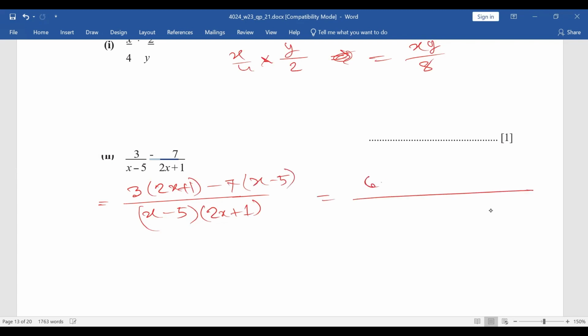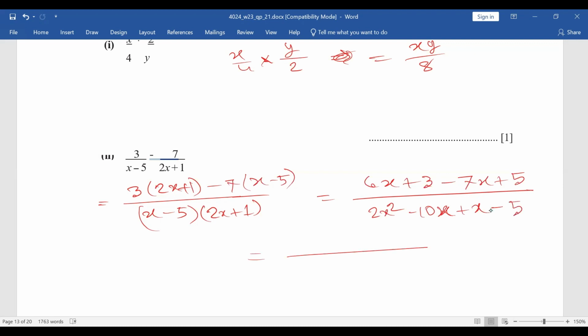So 3 times 2x is 6x plus 3 minus 7x, minus minus, plus 5. And x minus 5 times 2x plus 1. If we multiply these two expressions, 2x squared minus 5 times 2x is minus 10x, then x into 1, that is plus x, and minus 5 times 1, that is minus 5.